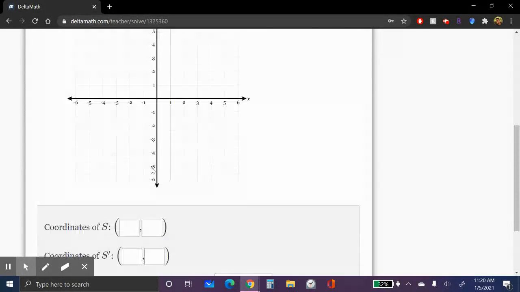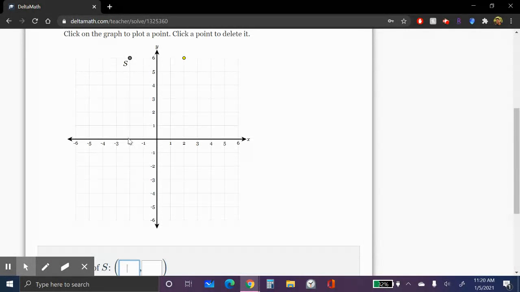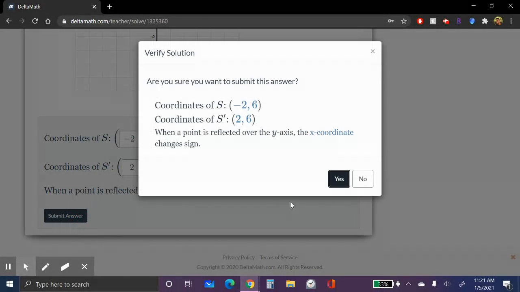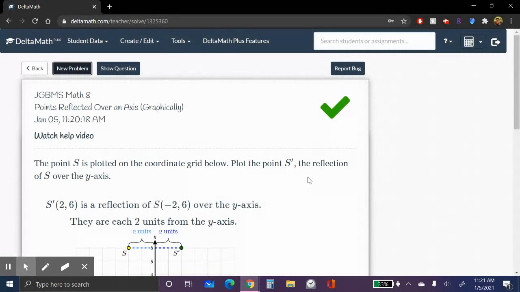The coordinates of S are (-2, 6). The coordinates of S prime are right 2, up 6, so (2, 6). When you reflect a point over the y-axis, just the x values change. The y values stay the same. All right, let's do one more.